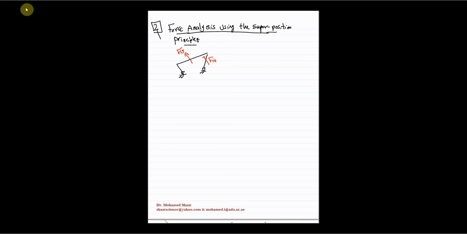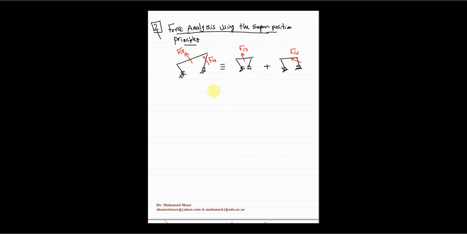So if we decide to work with the superposition approach, we're gonna break it down into two separate problems. In the initial case, we're gonna consider the mechanism under the influence of only one force, and this is the mechanism in the second case, under the influence of another force. So this is gonna be the mechanism under this Fi3, and this is gonna be the mechanism under the Fi4, right?